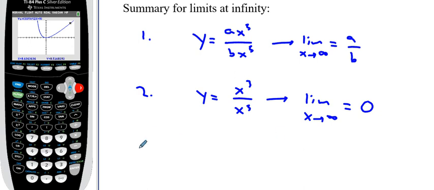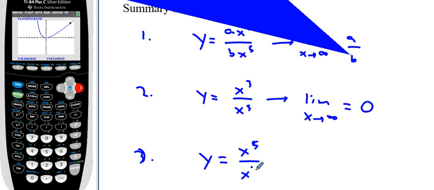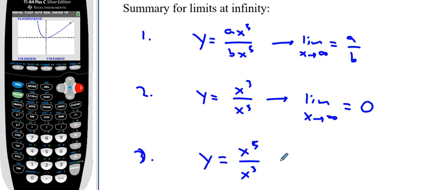This is just going to approach a horizontal asymptote at the x-axis. Third case, let's say we have y equals x to the 5th over x to the 3rd. So if your greatest power on top is greater than the greatest power on bottom, well, this one's just going to grow infinitely big.